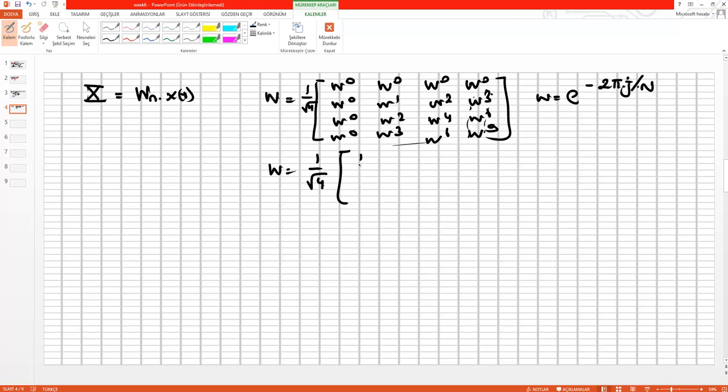For example, 1, 1, 1, 1, because the power of 0 creates the value 1 in here, and 1, minus 1, and minus 1 and j, this is the imaginary part of your code, and 1, minus 1, 1, minus 1, and 1, j, minus 1 and j is given here.